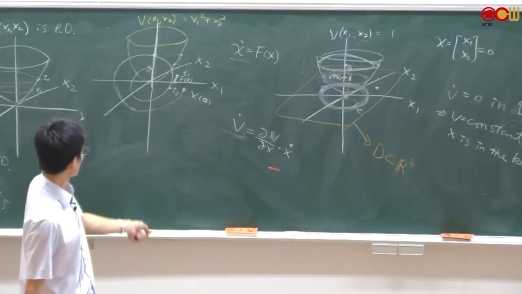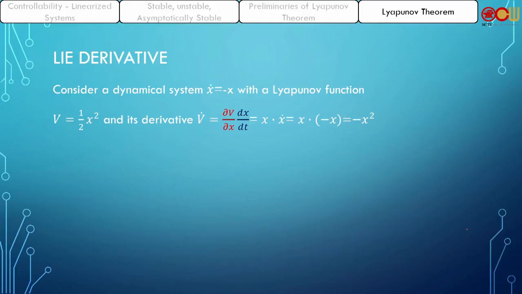So I just mentioned here, right? Use the chain rule. In general, there's a term called the derivative. Given a dynamic system, it's kind of like f equal to some ODE. If you choose a level function, which is positive definite, then its time derivative v dot is equal to this.